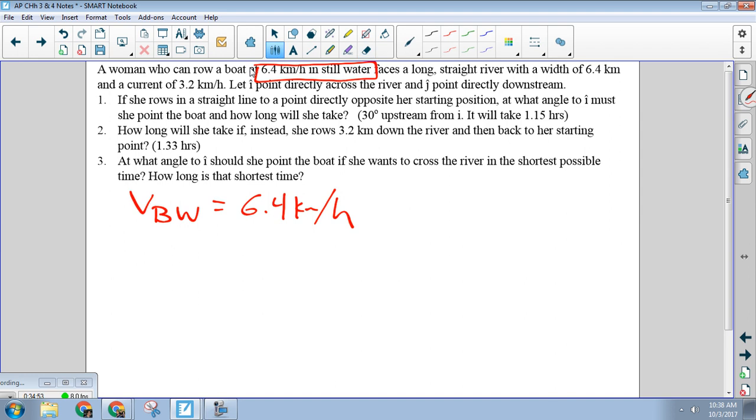Now, if the water's moving, that's going to change the velocity of the boat, right? But relative to the water, she can row at 6.4 kilometers an hour. Follow? So let's do this. B equals boat. W equals water, not woman. And then G, as always, will be ground.